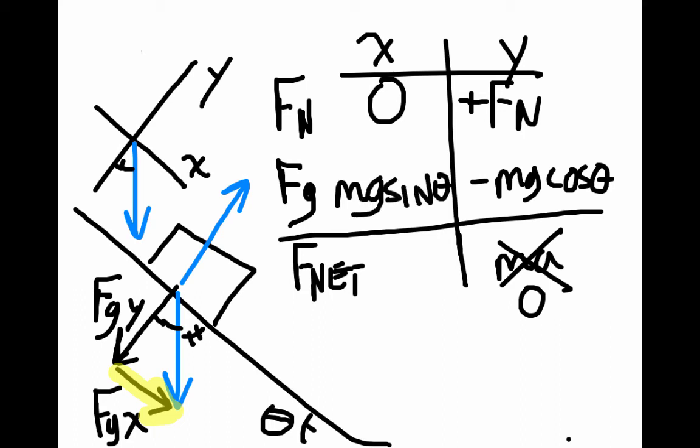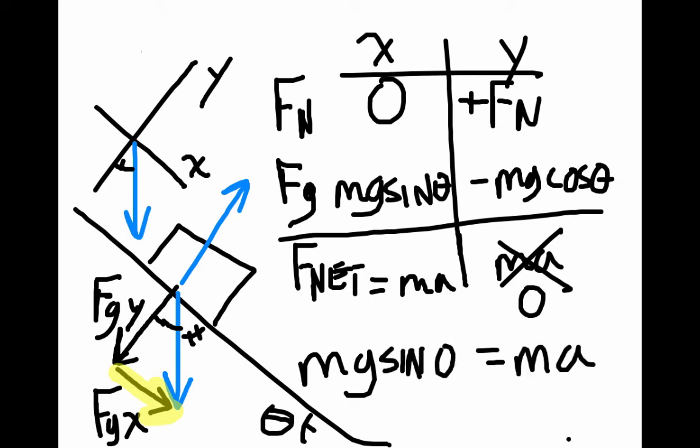If I look at my x direction, I've got 0 plus mg sine. That's going to equal ma. I want to figure out the acceleration of my system. I can say that mg sine of theta equals ma, and the nice thing is there's a mass on both sides.